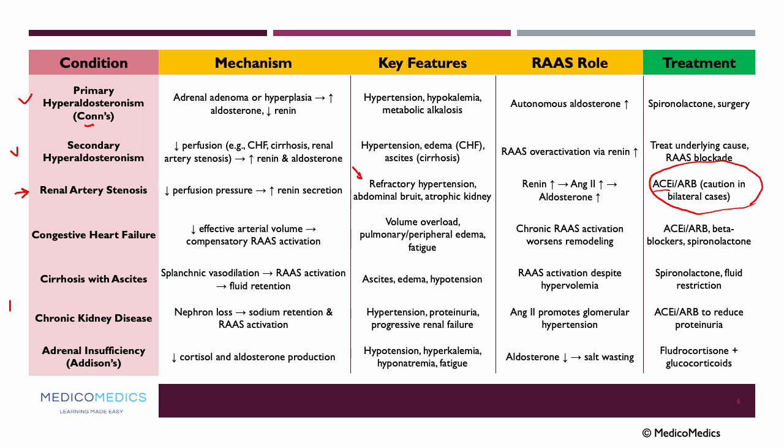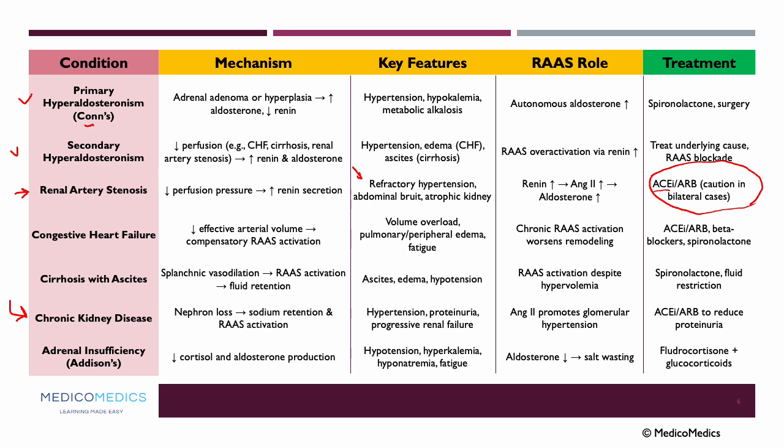What about chronic kidney disease? In chronic kidney disease, there is a progressive nephron loss. And this will lead to impaired sodium excretion and a reduced renal perfusion.